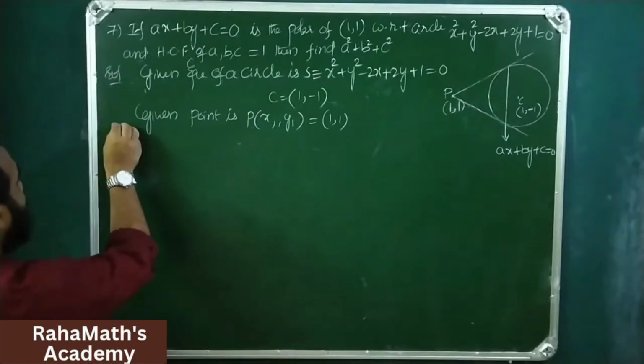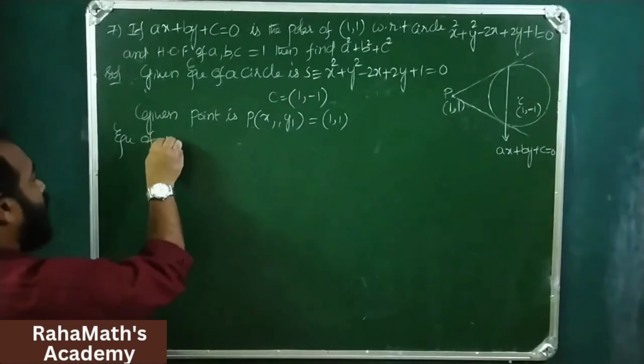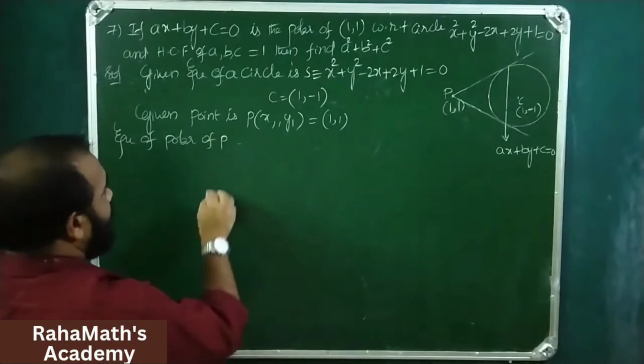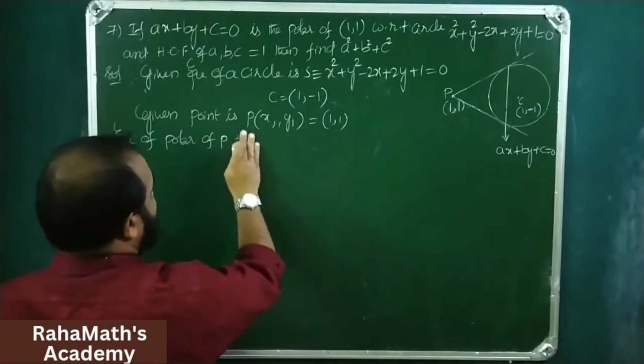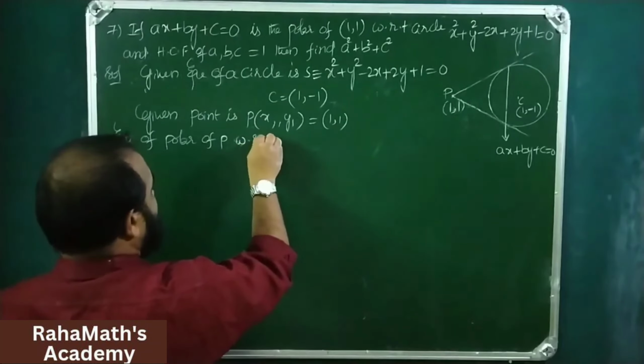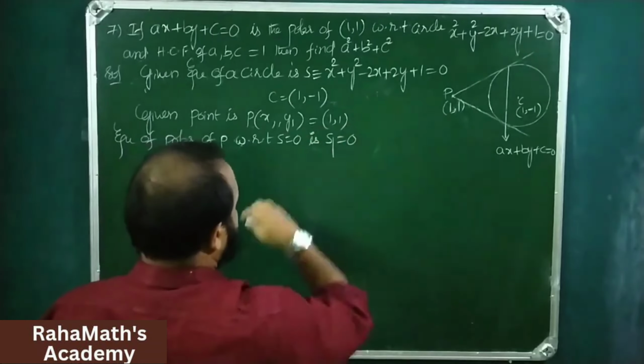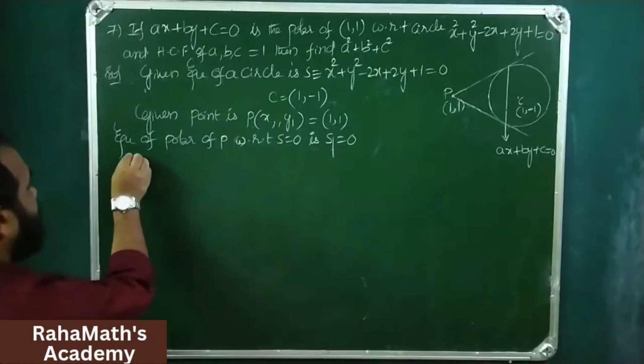The equation of the polar of P with respect to the circle S = 0 is S1 = 0.